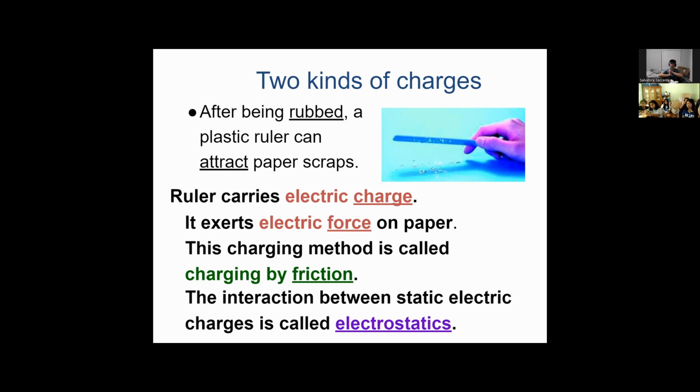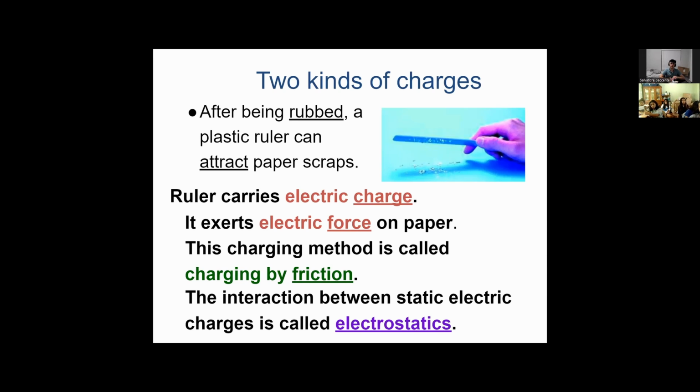We're going to learn about that in a minute, because it's very important when we talk about static electricity, because you have to know the different charges and whether they attract each other or separate.